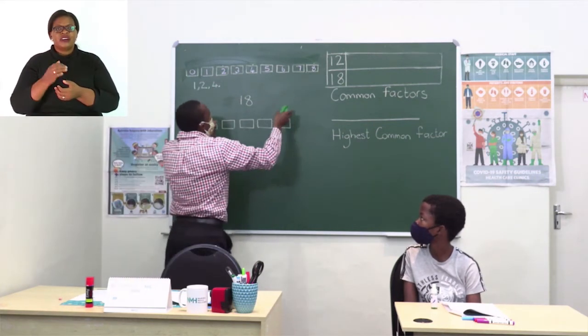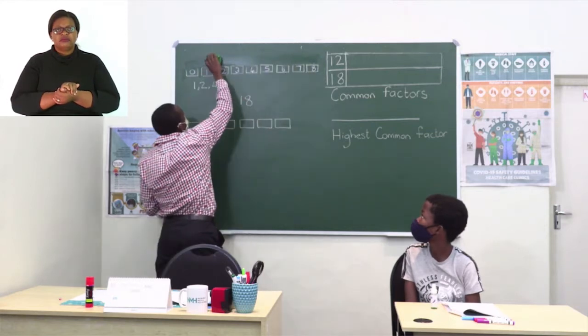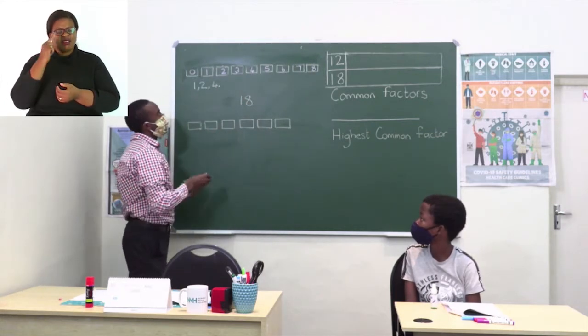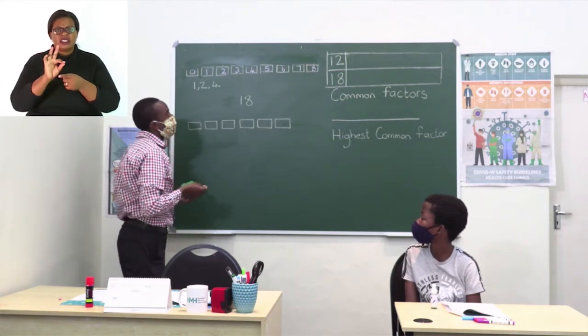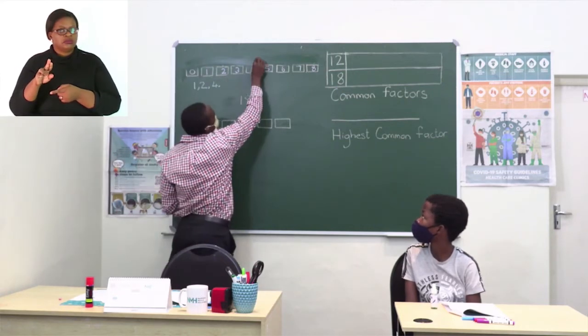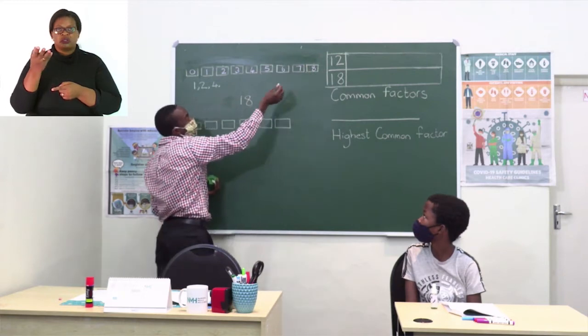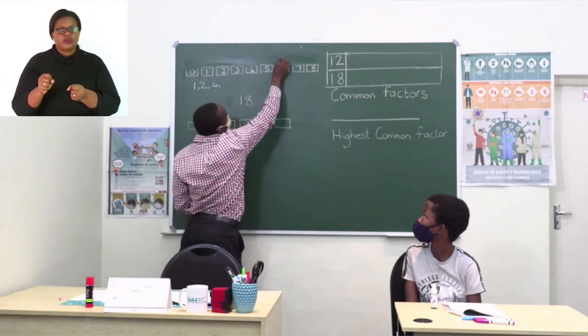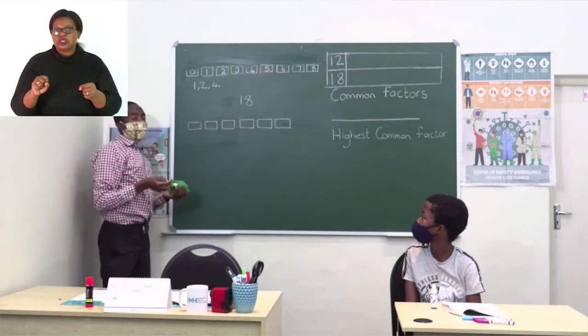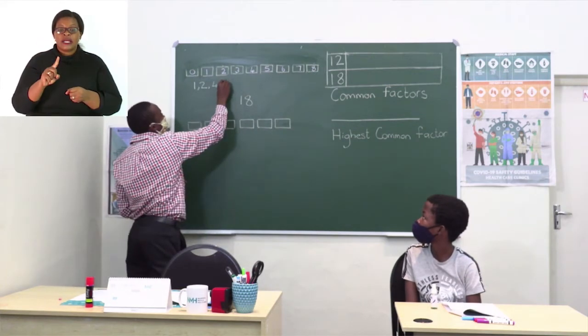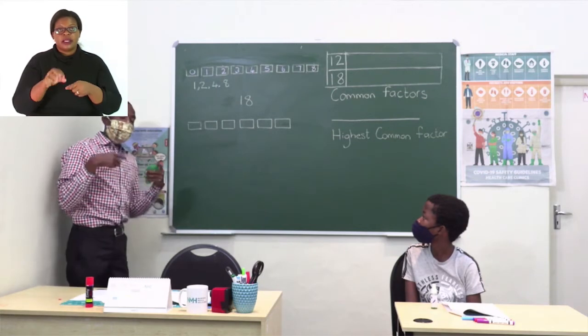5, what do you think? Pamwene, do you think 5 is a factor of 8? No. All right? Can you see? It's not a factor of 8. Even 6 is not a factor of 8. 7 is not a factor of 8, except 8. 8 is a factor of 8.